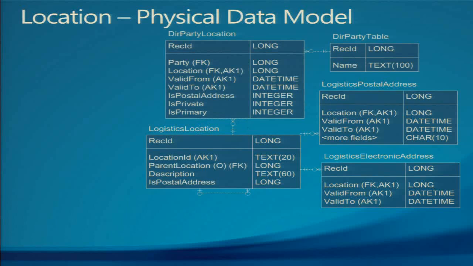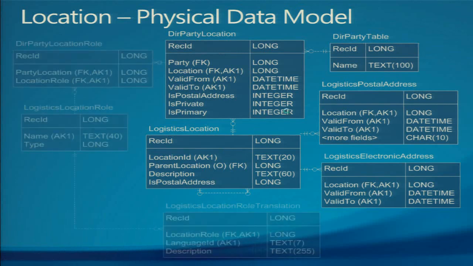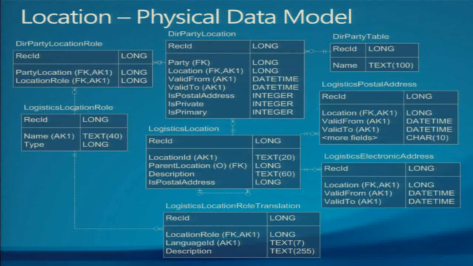Then at the top right, we have the dir party table, and dir party location is a date effective table that holds the relationship between party and location. Then you saw in the demo where we pick roles, location role, where you can pick more than one role for a location.